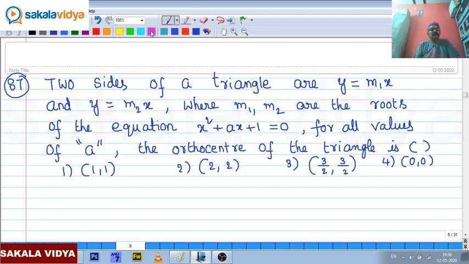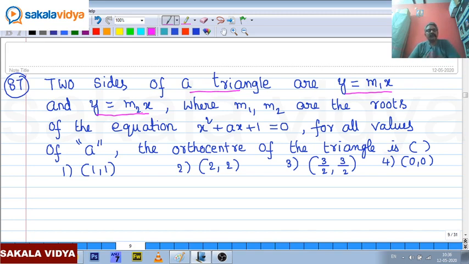So now the two sides of a triangle are given by y is equal to m1x, y is equal to m2x. They pass through the origin both, that means point of intersection of y is equal to m1x and y is equal to m2x will be obviously the origin itself, where m1 comma m2 are the roots, because m1 and m2 are the slopes of the lines.